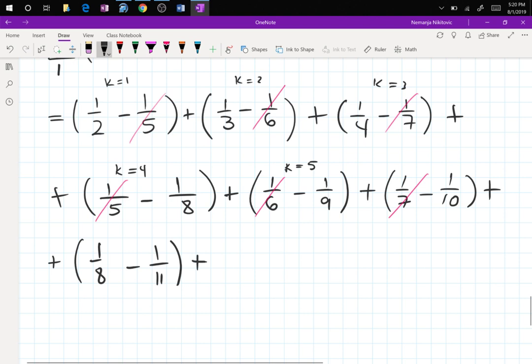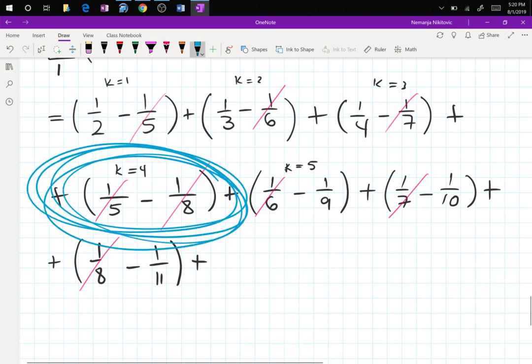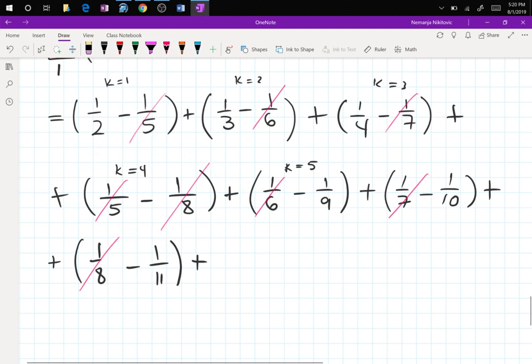Plus, and here it is, finally. This 1 over 8 will cancel negative 1 over 8, and we just got ourselves the first parenthesis which canceled both terms. That means we can stop and work on the tail end of the problem.